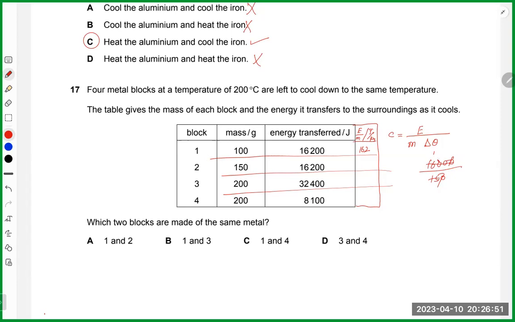Not sure about this one, let me check on a calculator. 1620 divided by 150 is 108. Okay, 108.